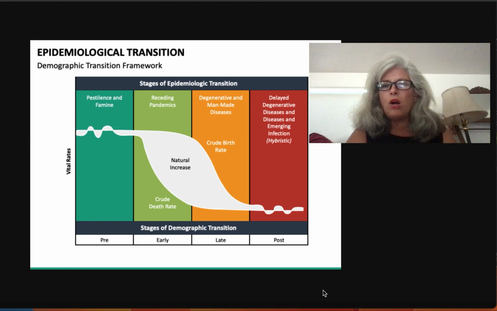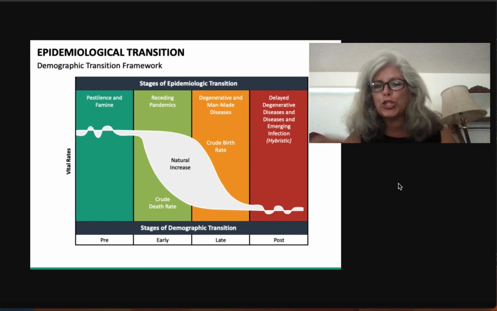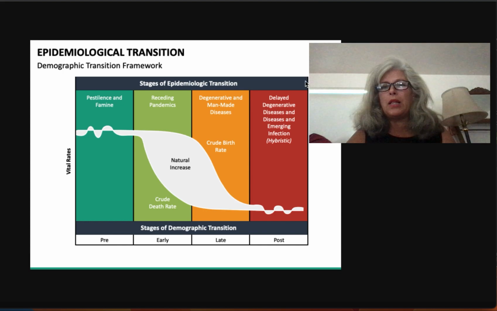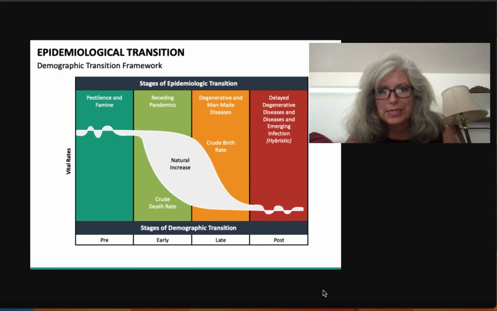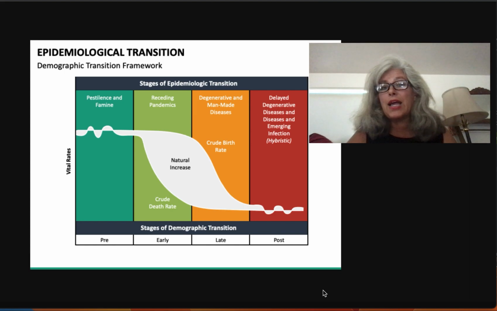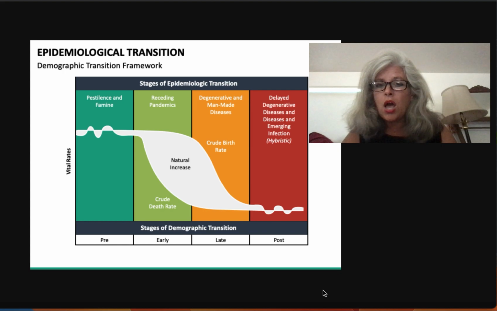And so you also see re-emerging, and some epidemiological transition models will show a 5th stage, and in the 5th stage you see re-emerging issues such as maybe malaria or other parasite-caused diseases, or you see things like cholera or Ebola or something like this re-emerge.